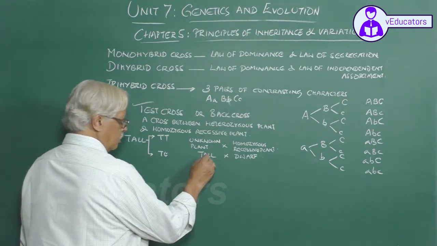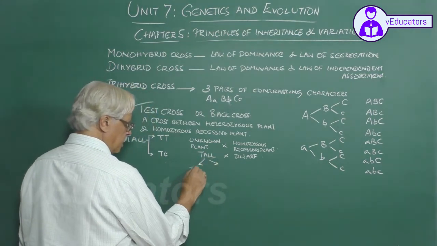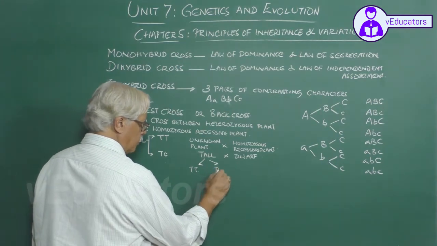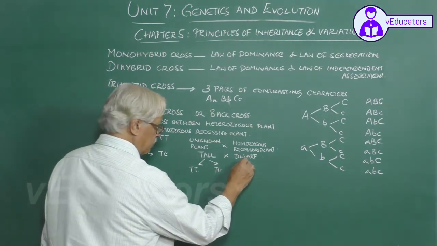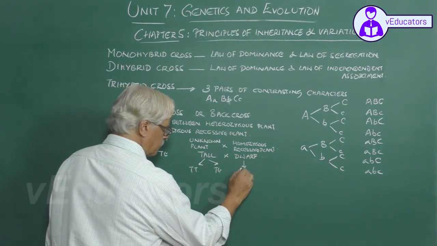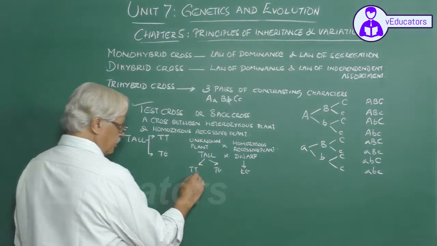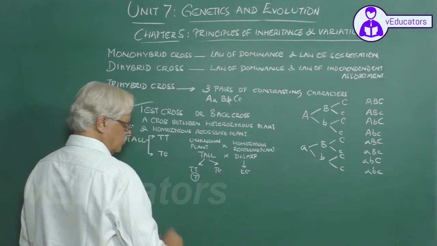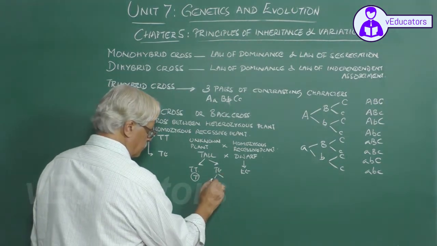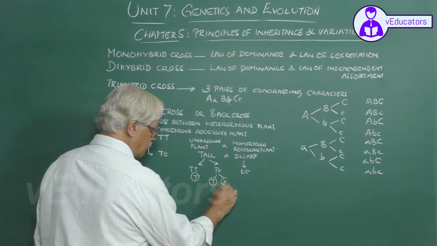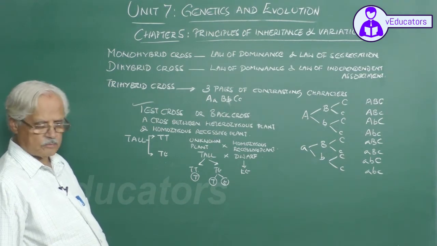So how is it? It is like this. Tall plant can be either capital T capital T or capital T small t, whereas dwarf is only small t small t. Here the gamete is capital T, here the gametes are 50% capital T, 50% small t.